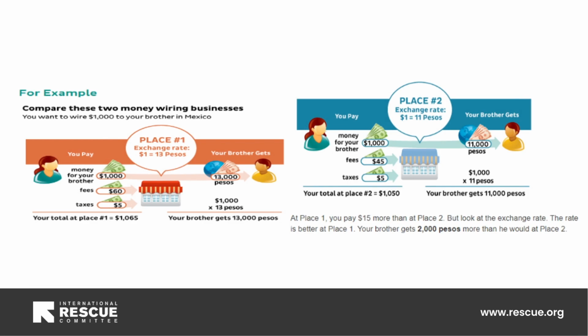So in total, the fees of $50 are $15 lower than place number 1 before you consider the difference in exchange rates. Place number 1 is charging you $65 to get your brother 13,000 pesos. Place number 2 is charging $45 to get your brother only 11,000 pesos. Clearly, place number 1 is the better deal, giving your brother 2,000 pesos more despite the higher fees.